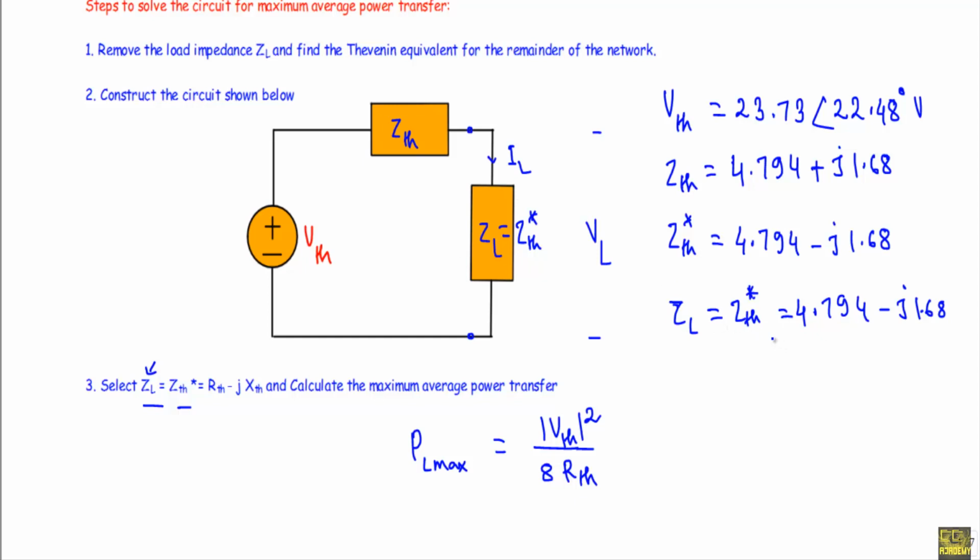Okay, now see, we can compare this load impedance with the standard impedance equation, R minus J X. Here this R will be RTH and this X will be XTH. This R is the real part of ZTH prime and this XTH is the imaginary part of this ZTH prime.